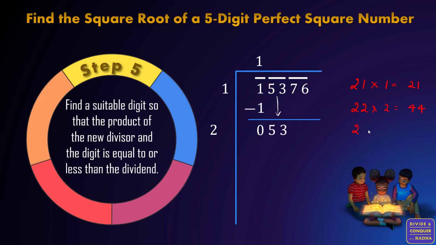So let's try 23. 23 into 3, we get 69. 69 is greater than 53, and 53 is not a perfect square, so we need to choose a number which is lesser than 53. We cannot find a number equal to 53, so we need to go for 44. 22 times 2 gives you 44. Now subtract 44 from 53, we get 9.